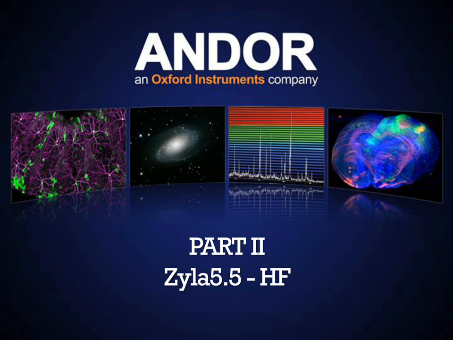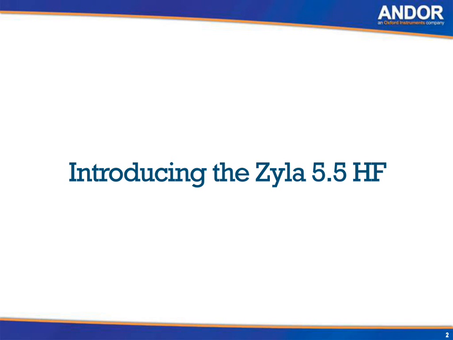Where we're going now is to look at the back end, the detector solutions. Specifically, we'll be looking at the Zyla 5.5 HF, which is based upon a new technology that's coming to the market, which is the scientific CMOS.